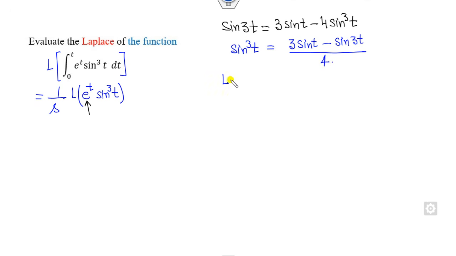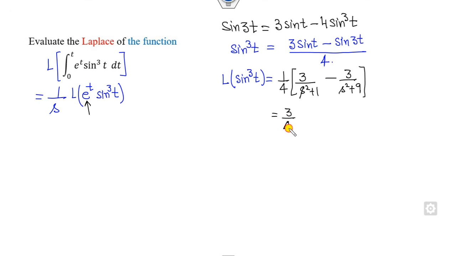So I can find the Laplace of this. What is the Laplace of sine cube t? 1 over 4 will be outside. What is the Laplace of this? 3 over s square plus 1, minus 3 over s square plus 9. Fine. So now I can take the LCM, or that's your choice.